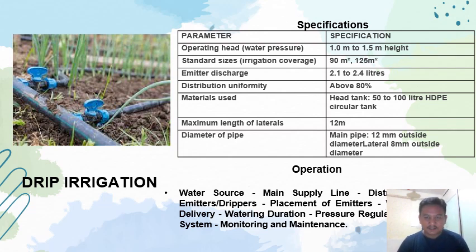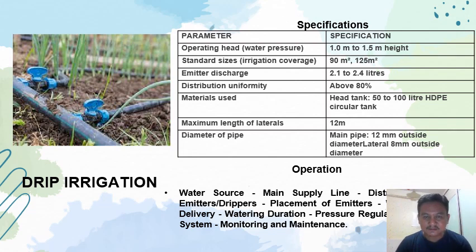Drip irrigation specification. Operating head water pressure: 1 to 1.5 meter head.